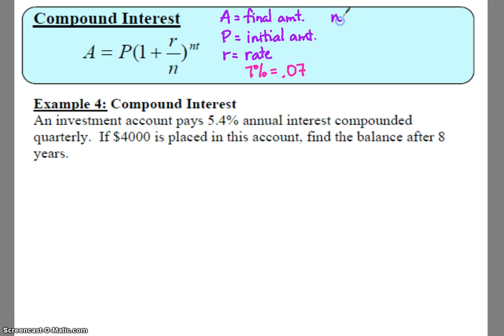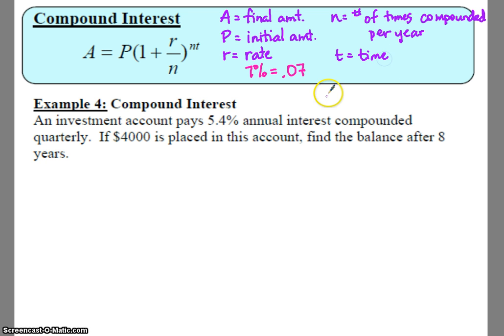N, this is going to be the number of times compounded per year. And then finally, T is just going to be your time.